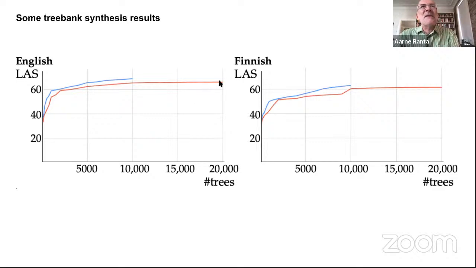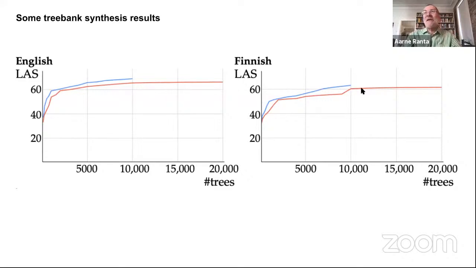What happens with this synthesized treebank, the red one, is that there is a point from which it doesn't really improve, whereas the natural treebank seems to continue improving.